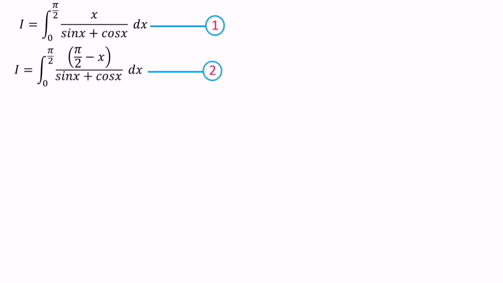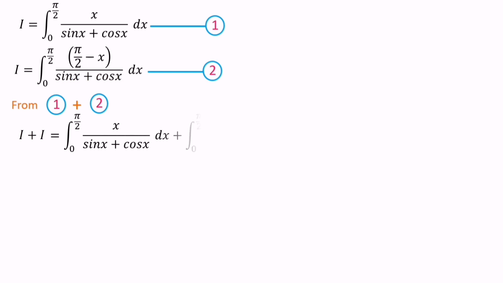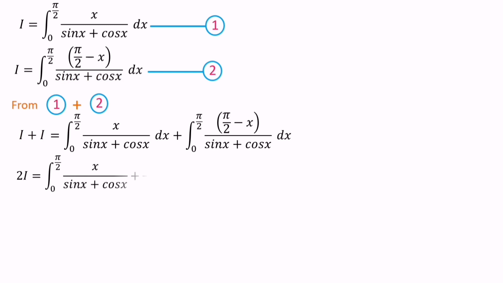Now we can add both equation number 1 and equation number 2. Then in the left hand side, I plus I. In the right hand side, we have integral x over sin x plus cos x plus integral pi over 2 minus x over sin x plus cos x. Then we can consider a common integral sign. Now we have x over sin x plus cos x plus pi over 2 minus x over sin x plus cos x.